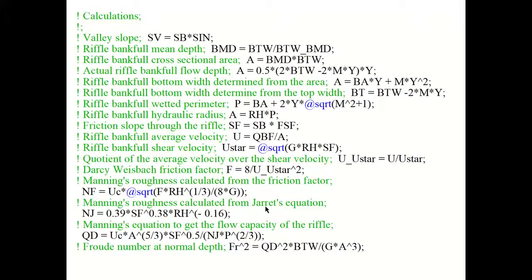And then, using Jarrett's equation, I'm also going to calculate Manning's n, just to ensure that the two of those are close together. Finally, after I've sized this, I'm going to compute what this riffle cross-section will carry and calculate the Froude number at the normal depth to ensure that it's subcritical flow.